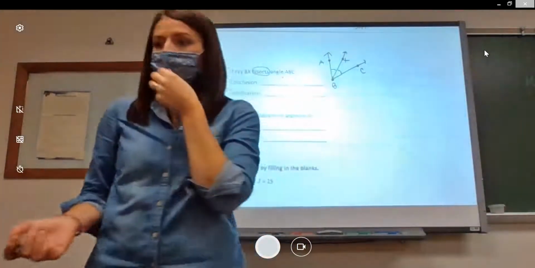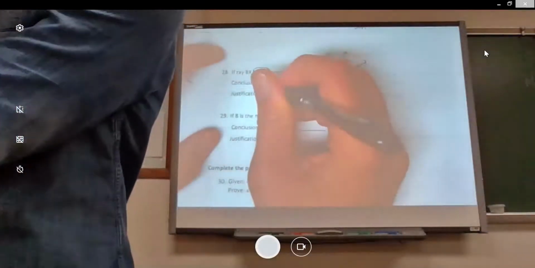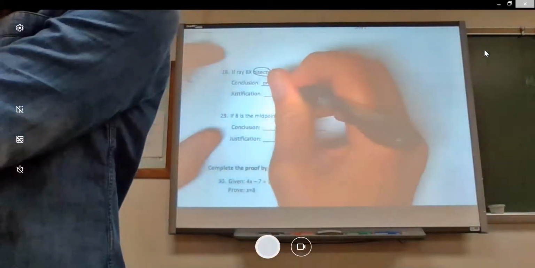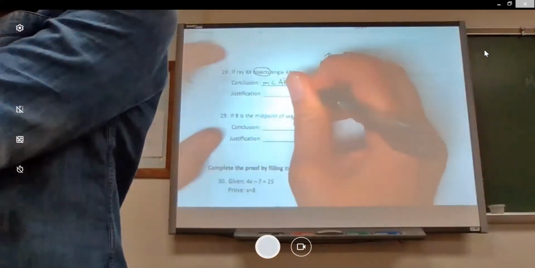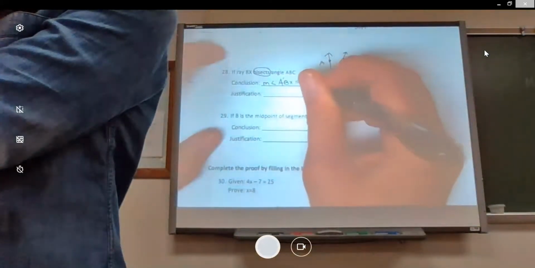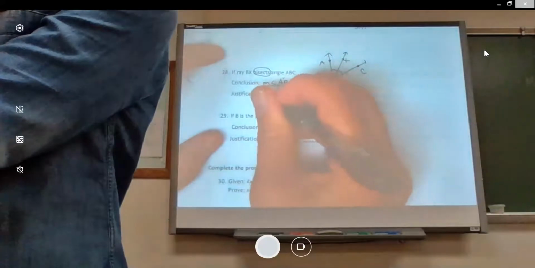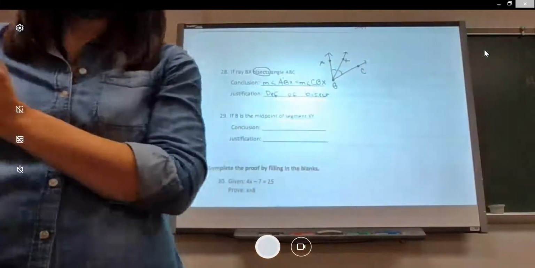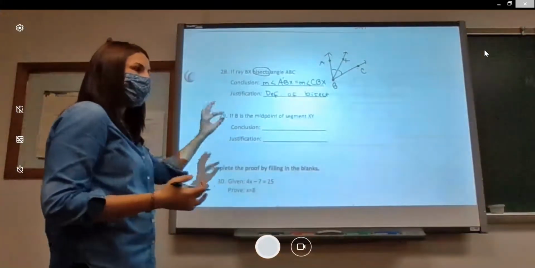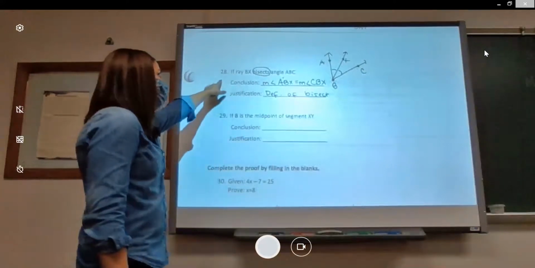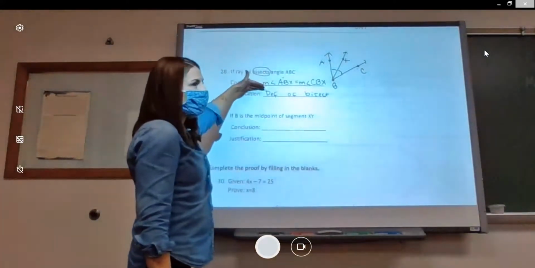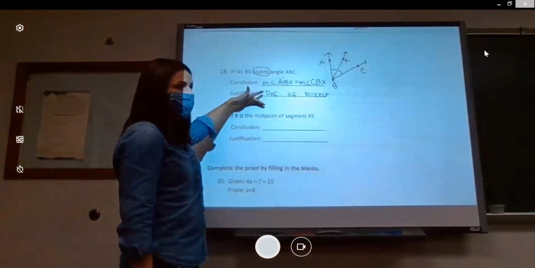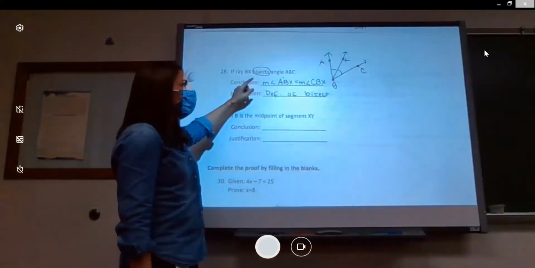So one conclusion that I can make is that the measure of angle ABX is the same as the measure of angle CBX, because that is the definition of bisect. We haven't lived a whole lot in bisect midpoint land in terms of using that, but if this is true, this is probably what we want to write, definition of bisect. Yes, Michaela? Did you also say that it's congruent? Yeah, that's fine.